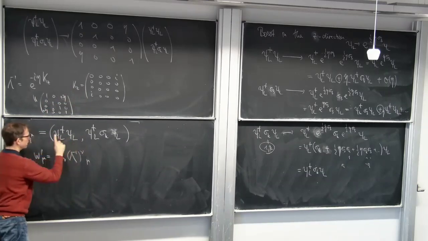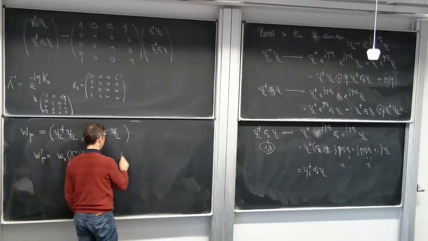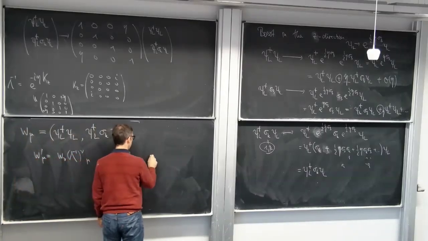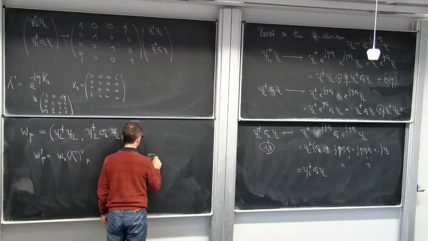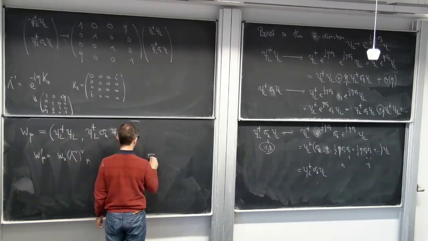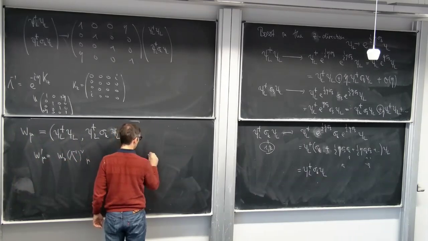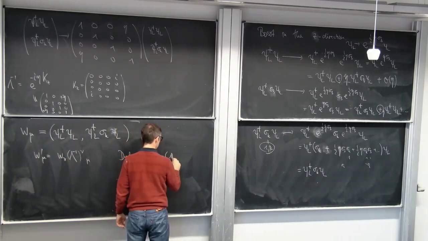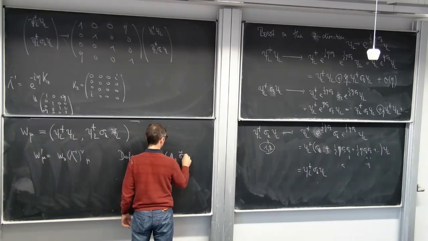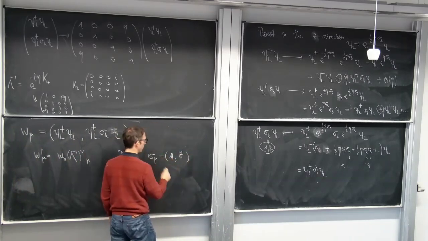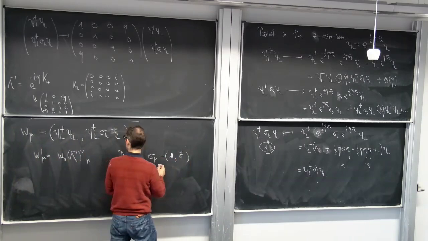And so if this is a four vector, let's define sigma mu as the identity and the sigma vector, where the sigma vector is what we had before, the three components.